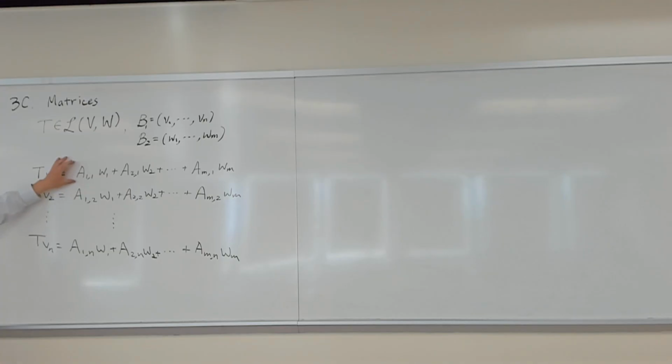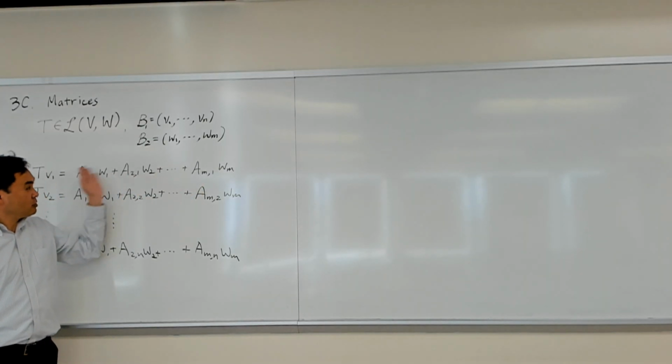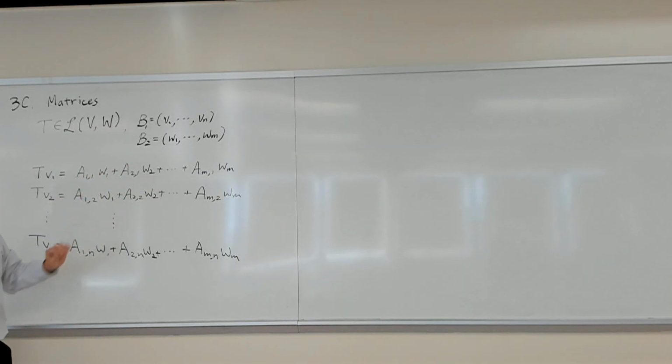I'm just calling these coefficients in some pattern. I will always name them this way: the first number increases along each line, and as you go down, it's the second number that becomes higher. This is our convention for naming the coefficients.